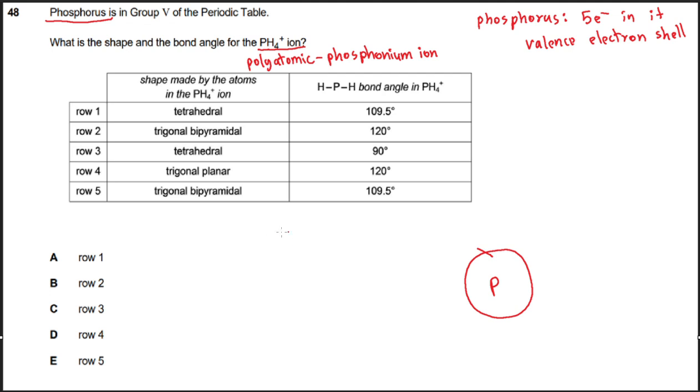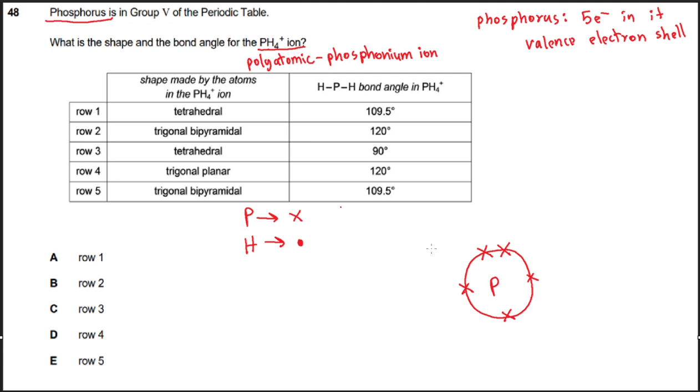For the phosphorus atom, the electrons will look like X, and for hydrogen, I'm going to draw a dot. So this is the phosphorus atom, 2 electrons here, 1 electron, 2 electrons, and then 3 electrons. This is the outermost shell of phosphorus.